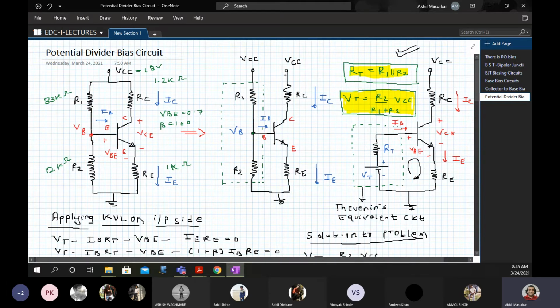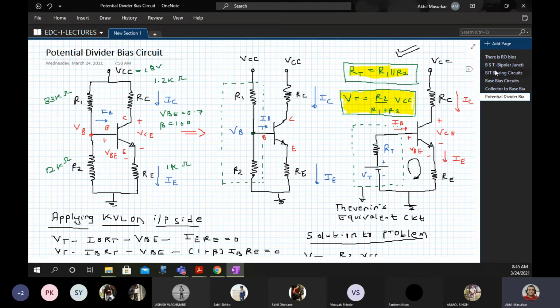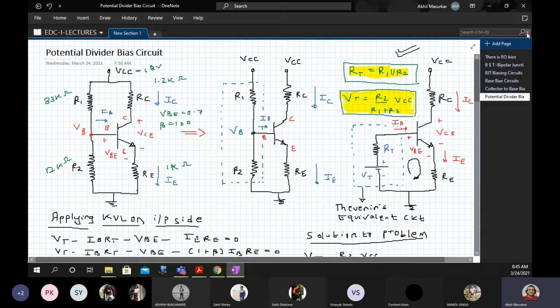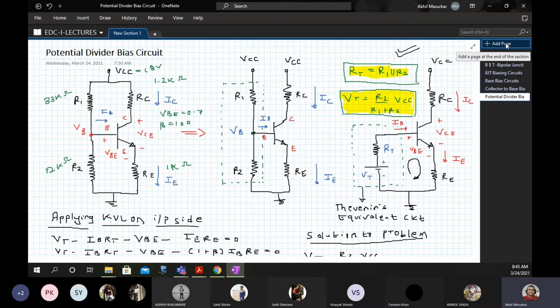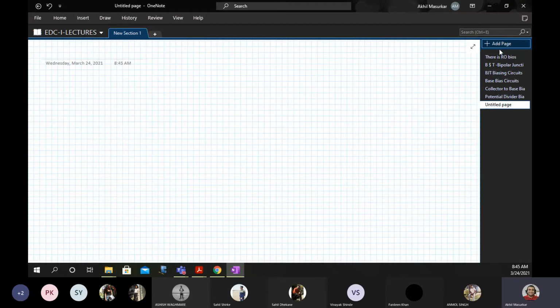So till now what we have been seeing is the influence of only DC signals on our circuit. Now let's look at some AC analysis.